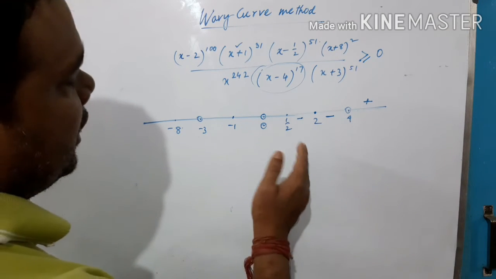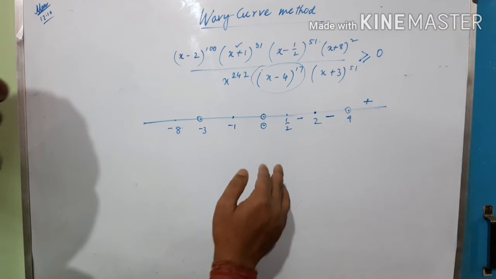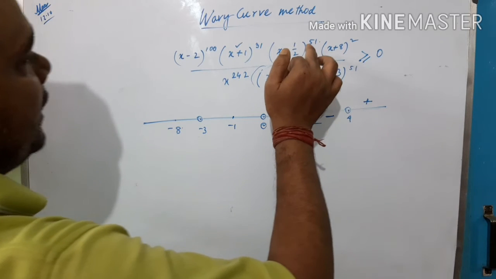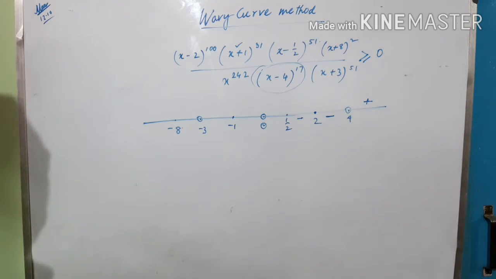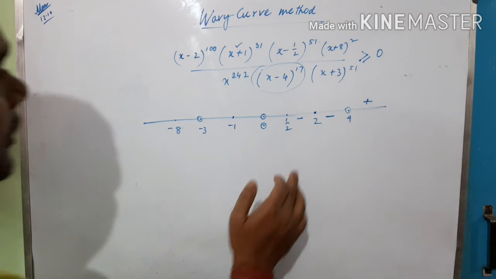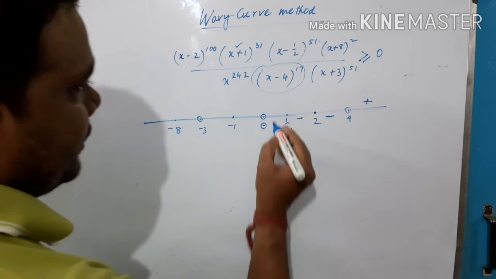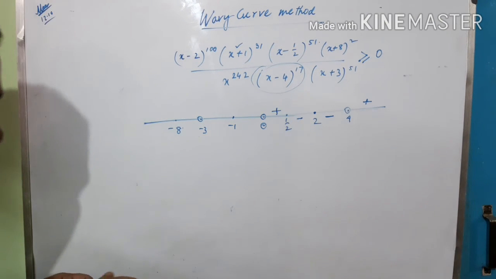Then come to the next interval. Who is separating the next adjacent interval? Half. Half is coming from which factor? x minus half. And what is the power of this factor? Odd. And odd means change. So what is the meaning of change? It was minus, it will be plus. So that is the meaning of odd.